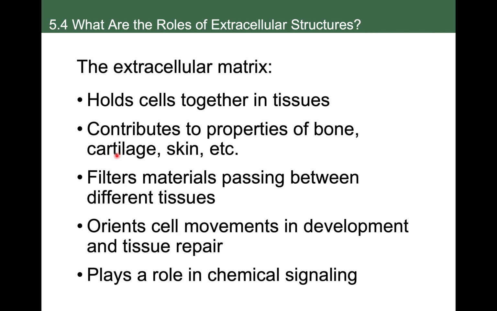The extracellular matrix can act to filter things out that may be moving between cells. If you have a cell that's going to move, like we were just talking about a few slides back, that cell is moving basically on and through the extracellular matrix. So it's having to interact with that matrix as it goes.